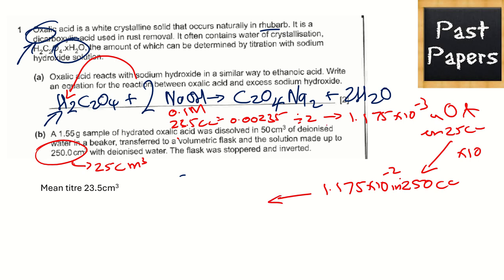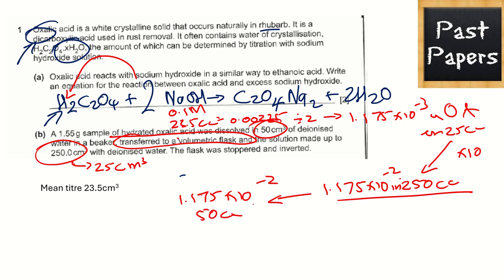Now, we're now going back to the 50 cc's that we started with. In the 50 cc's, every single mole that was in the 50 was transferred to the volumetric flask. So if that's how many moles I have in the volumetric flask, then that's how many moles I have in the 50 cc's to begin with.